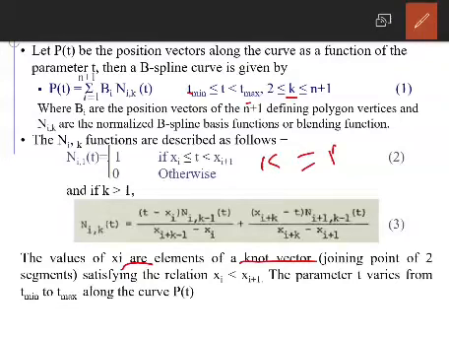What is the knot vector? The joining points of two segments. Already I have told that the curve is divided into segments, so the knot vector is nothing but the joining points of those segments, that we are going to see in the next slide. So if k is equal to 1 and the value of t ranges from xi to xi plus 1, then it is equal to 1, otherwise it is 0.